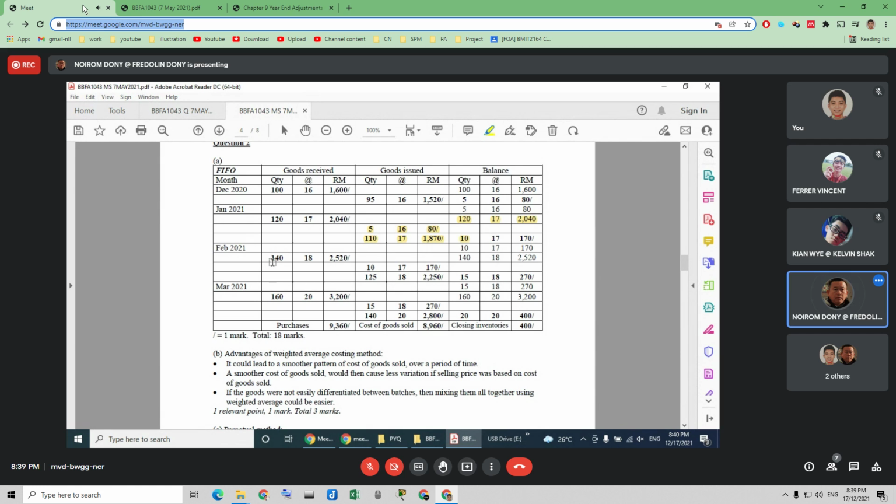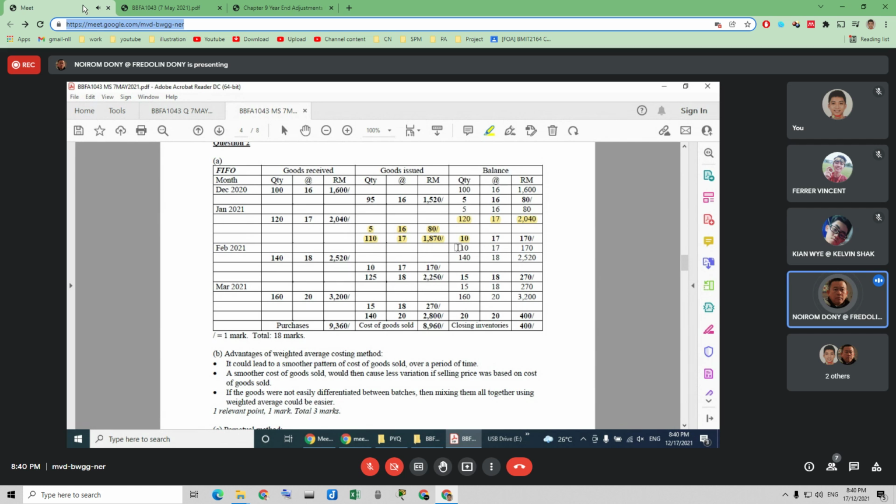So we have 140 received in quantity, and the price per bushel is 18, and then times, so you have 2,520. Update your balance, okay? So 140, 18, 2,520. So in February, you have to issue 135 in the question. So you look at the available stock.